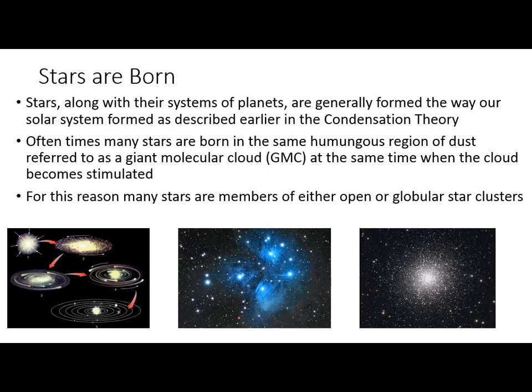So these are not necessarily baby stars, but these are all groups of stars that were born about the same time. Okay, this right here, actually I'll kind of draw on it. This is an open cluster.